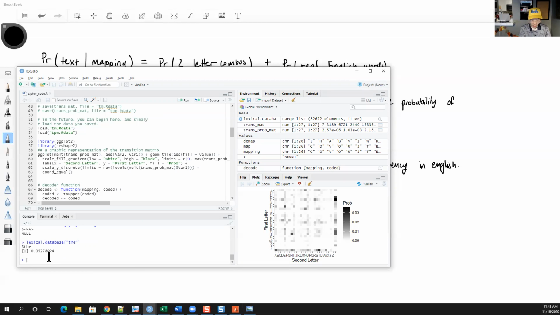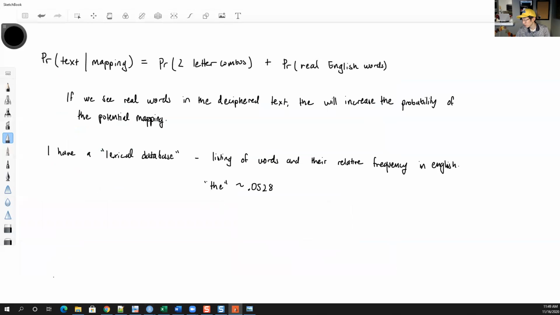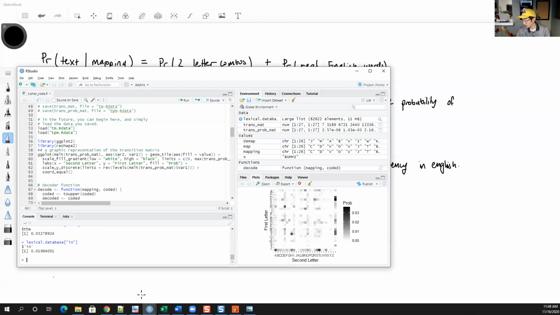Other common words, like the word "in," shows up around 2% of the time, 0.0196. Other words are going to be less common. Friend is on the order of 7 times 10 to the negative 5.